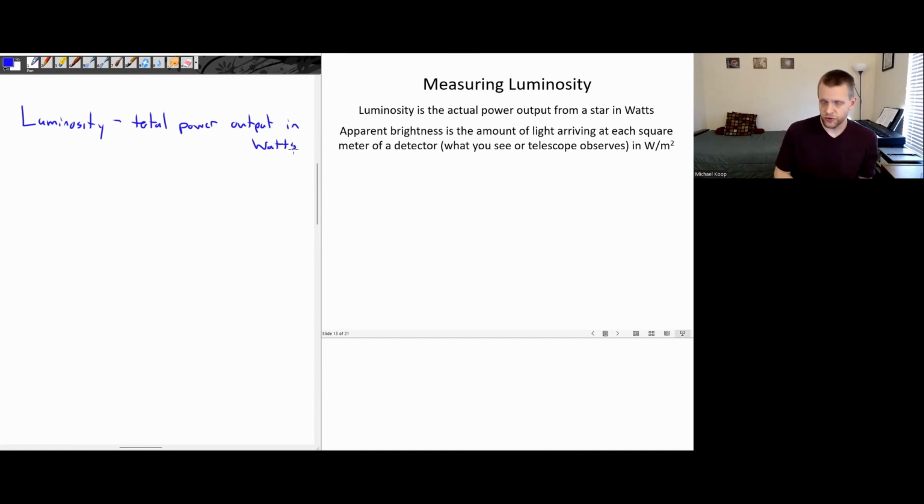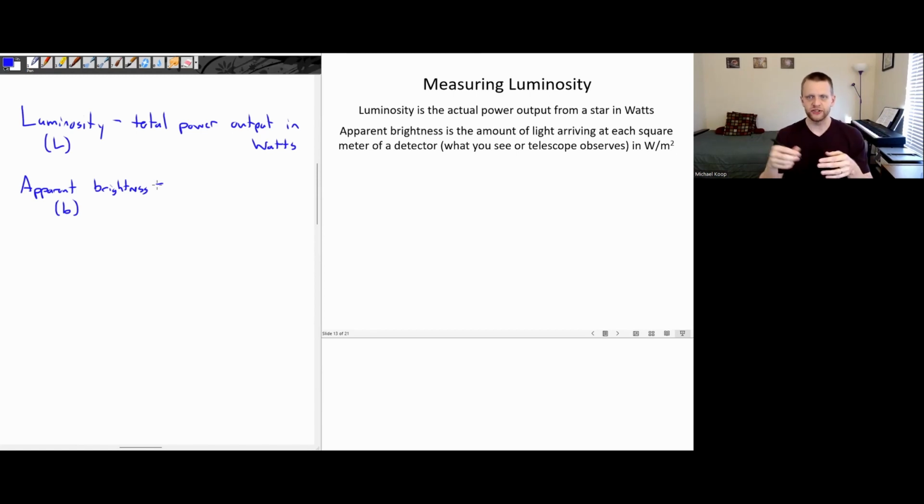One thing that we are going to be able to measure is the apparent brightness. So that luminosity, we're going to call that L. We also have apparent brightness, which I'm going to denote with a lowercase b.